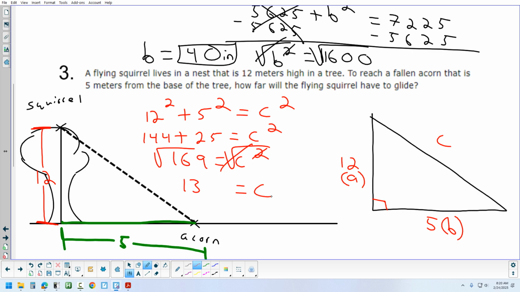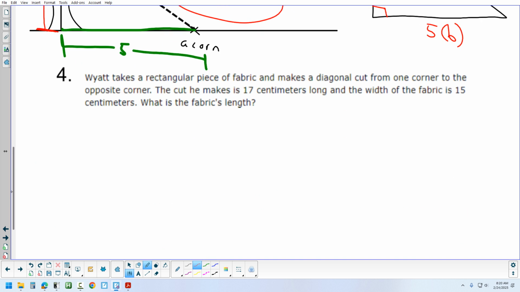So that means the squirrel is going to glide 13 meters from the top of the tree, or wherever the nest is in the tree, down to the ground. Any questions on that?